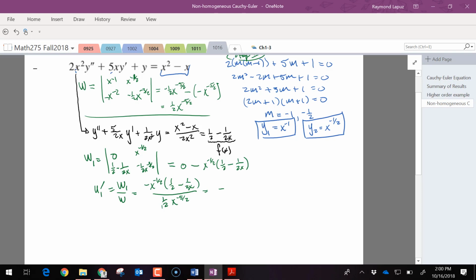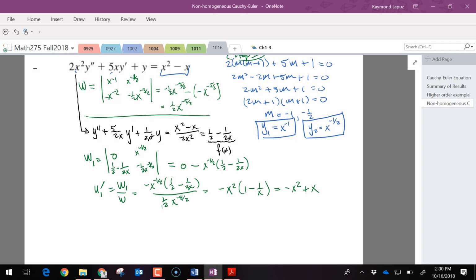I think it's 2. So after canceling all that, we just have x squared times 1 minus 1 over x. And so that's negative x squared plus x. Is that right?